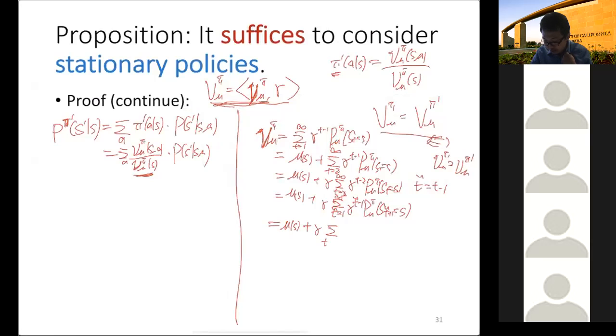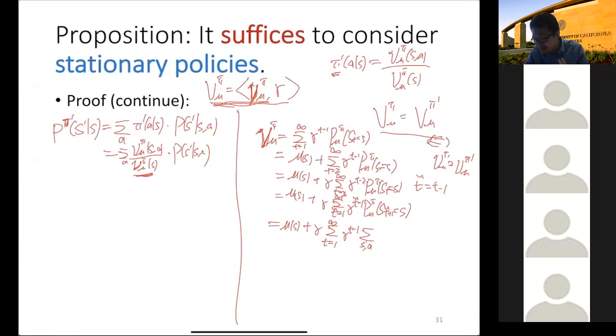Okay, so we'll have t from 1 to infinity, gamma t minus 1, and then, again using the tricks that we have, we can rewrite this as a summation over s prime and a. So what is s prime?